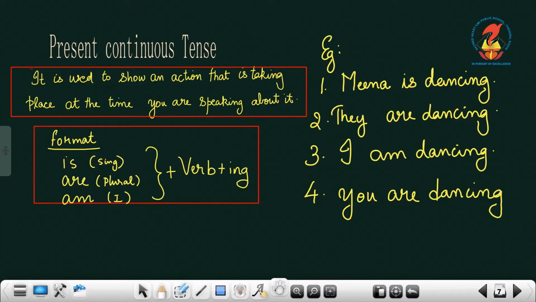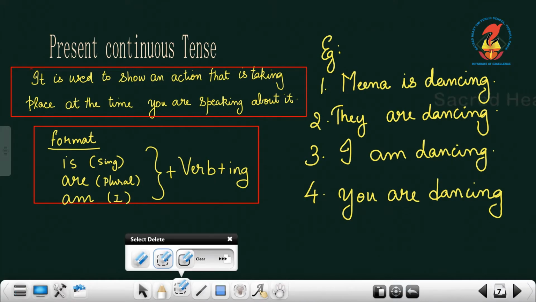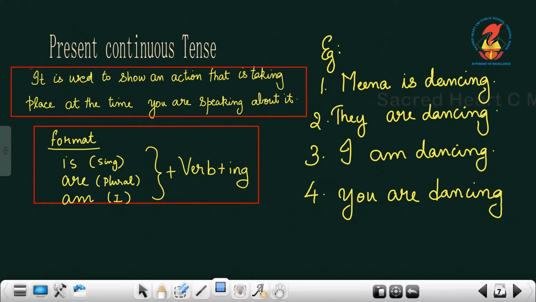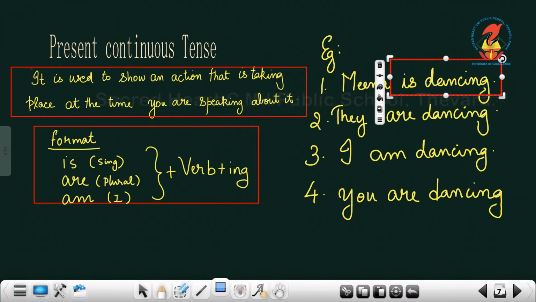See, when the subject is singular, what we do is, see, Meena is dancing. Meena is singular. So we use is plus dance plus ing. Is, when the subject is singular, plus verb is dance. Dance plus ing, dancing.